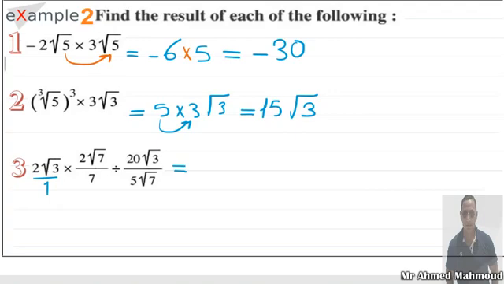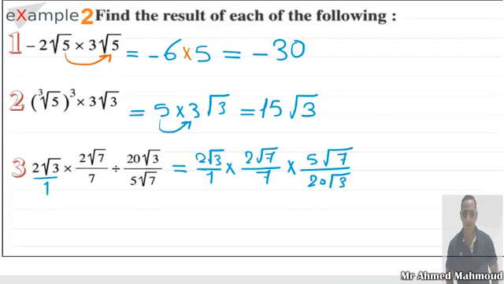I will write the first fraction 2 root 3 over 1 times 2 root 7 over 7. Divide will be times, and I'm going to turn this fraction upside down. It will be 5 root 7 over 20 square root 3.